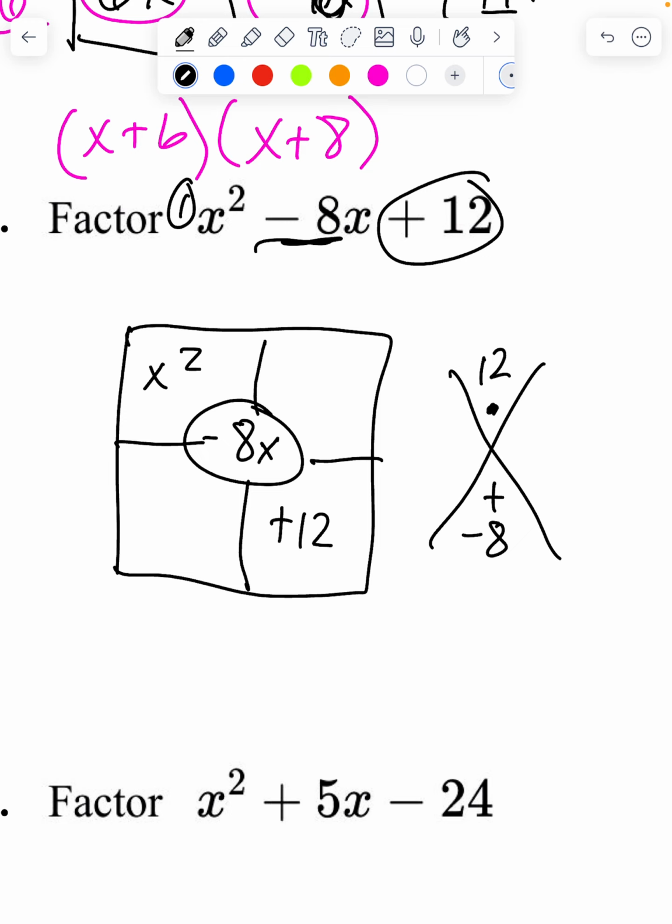The numbers that I think will work are, let's see here, 3 and 4, 6 and 2, but both of them are negative. Negative times a negative makes a positive 12, but negative 6 plus negative 2 gives me negative 8. So negative 6x, negative 2x.